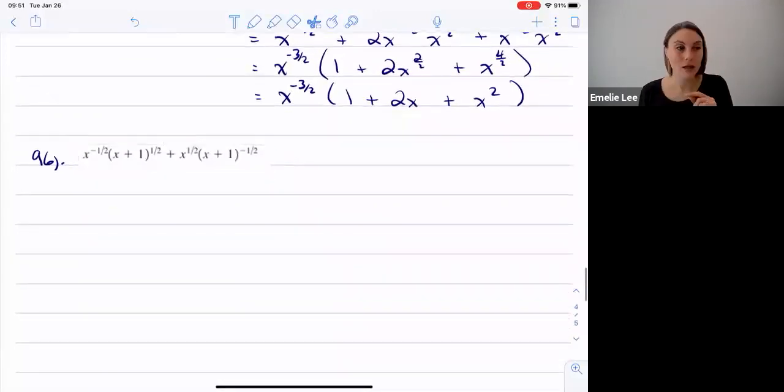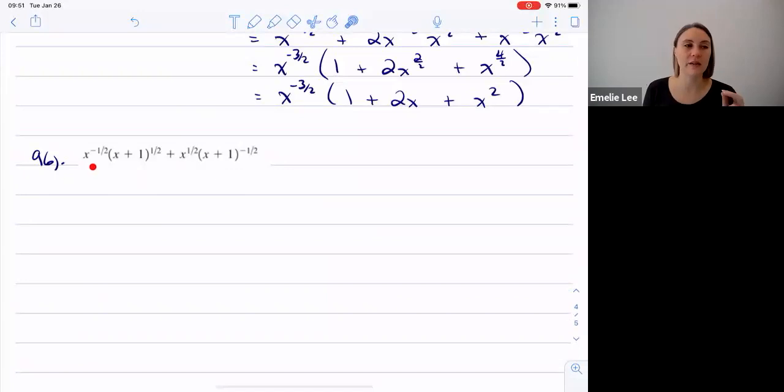So I've got x to the negative 1/2, and then I've got x plus 1 to the 1/2. Okay, so then I've got another x to the 1/2. Okay, so I've got x's and factors of x plus 1.